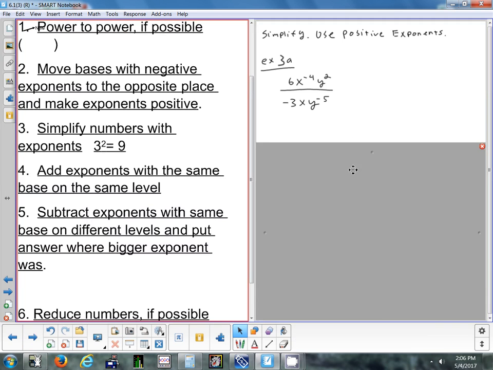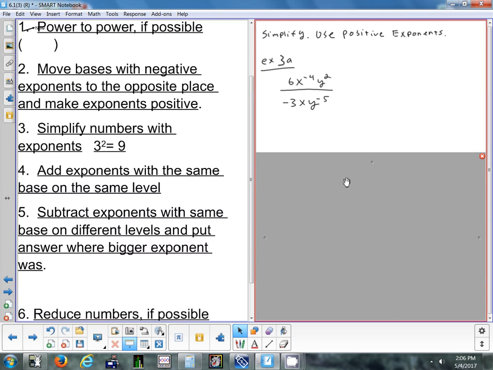Do I have that, Emma? Do I have any negative exponents? I do? Give me 1. X to the negative 4, that's 1, okay. Does anybody see any other negative exponents? And tell me the base as well. Y to the negative 5, okay. There's my 2. Good. That's all I'm doing right now.